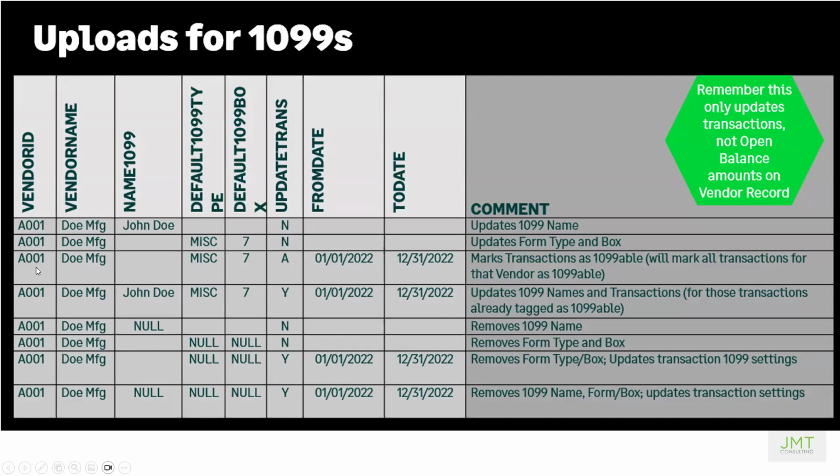And if you have these fields populated, then it'll mark the transactions as 1099able. That's actually fun to say really fast. That's how this works. So you can just read through and say, okay, if I have this filled in, what does it do? And that's what these explanations are.